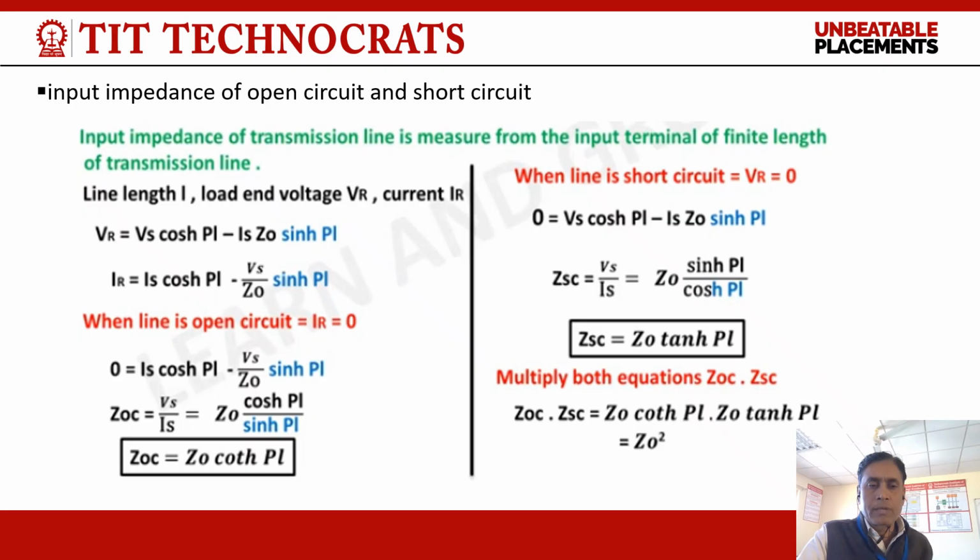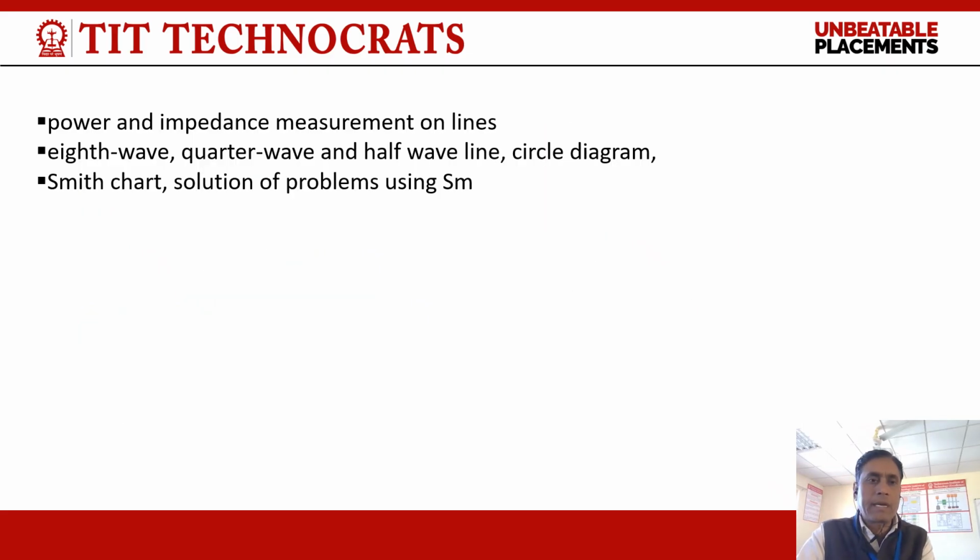So in the equation of voltage VR, we put VR equals 0. So ZSC becomes Z0 tanh gamma L. Next slide.